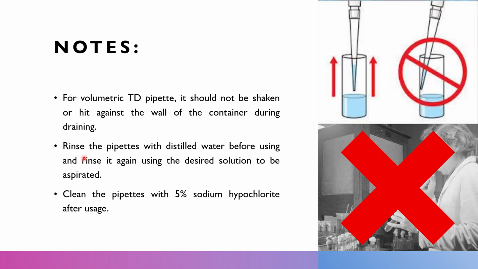Also, before aspiration of a desired solution, you have to first rinse the pipettes with distilled water, and then you rinse it again using the desired solution to be aspirated. This is to minimize cross-contamination and carryover of the previous solution. And lastly, clean the pipettes with 5% sodium hypochlorite after usage.